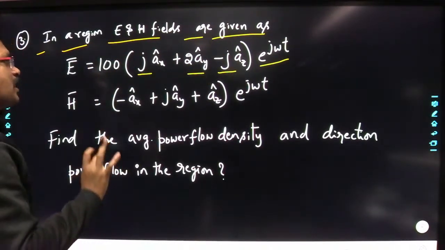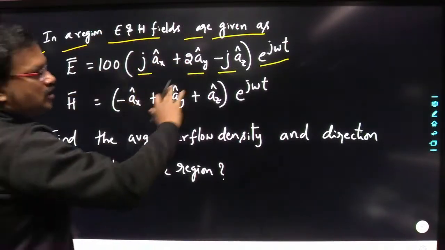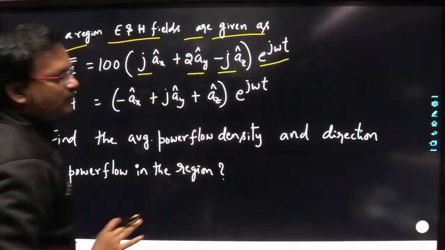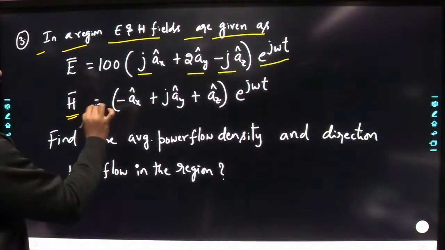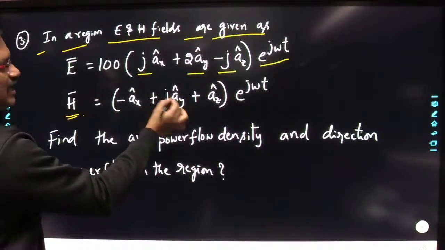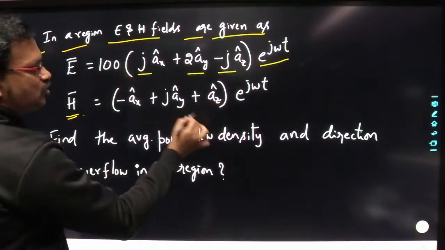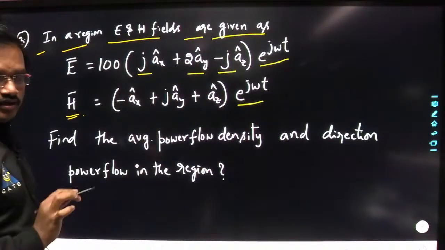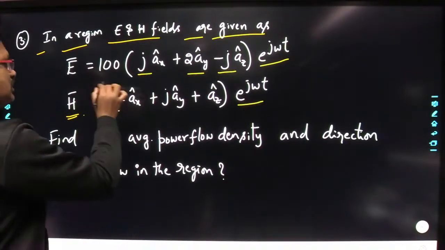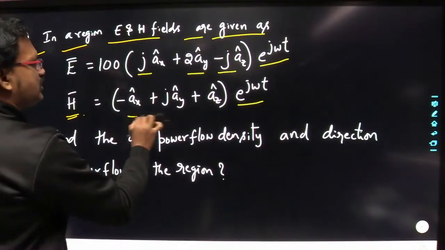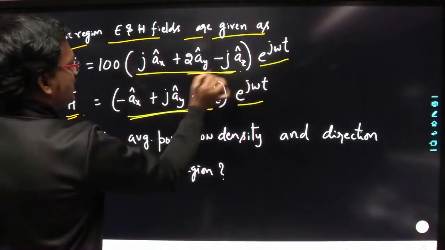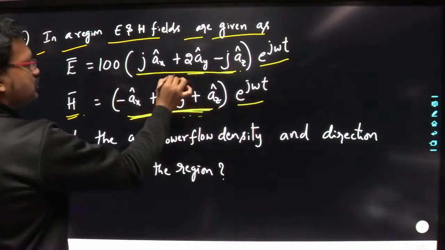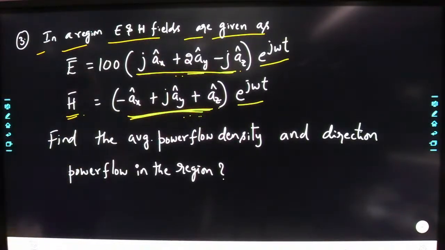Understood? Okay. And the field is time harmonic, so that's why they are represented with e power j omega t. And H field is equal to minus AX cap plus j AY cap plus AZ cap into e power j omega t. So here also they have given the amplitude of the H field as a complex quantity. So the amplitude of electric field and the amplitude of H field both are complex quantities. Right, this is what they have given.